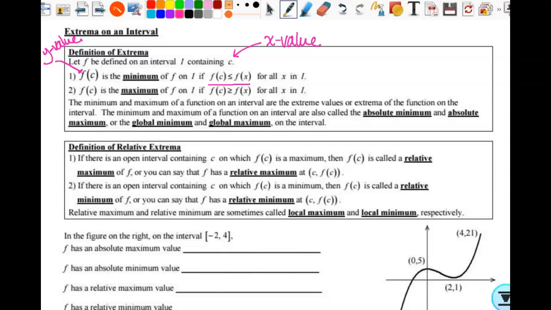What that is saying is that this y value is below all other values, the rest of the function. And so that's why it's said that way. Whatever value we have, it's the lowest y value we have. And that's basically what it means, it's the lowest value.